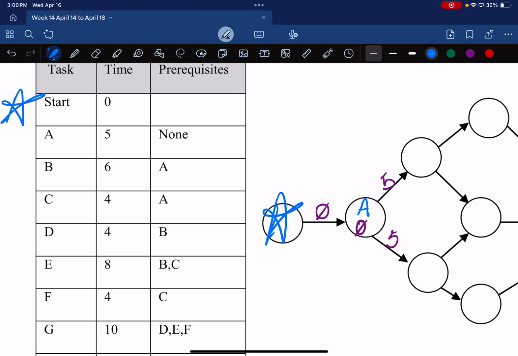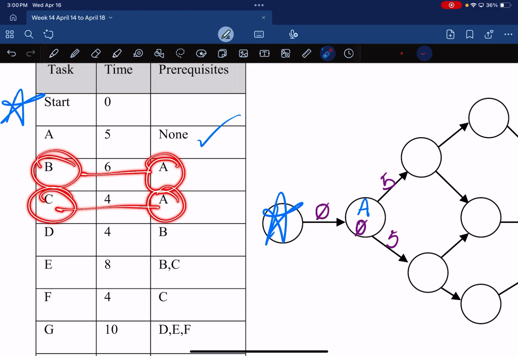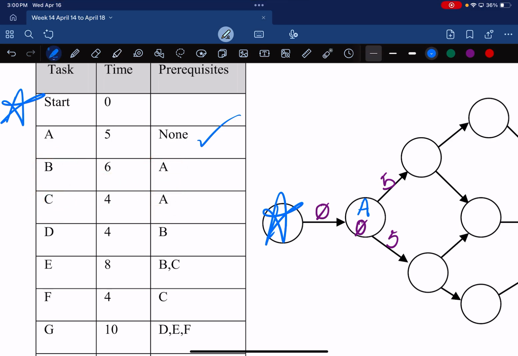So as soon as A is finished after the 5 minutes, we can see that B is supposed to come in as well as C. So we're going to put B and C. I now need to ask myself, how long since the start of the program did it take before B to come in?